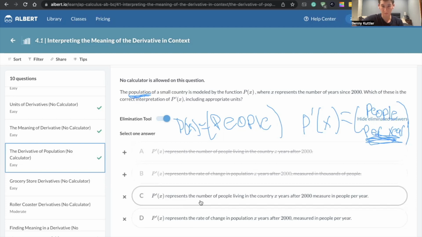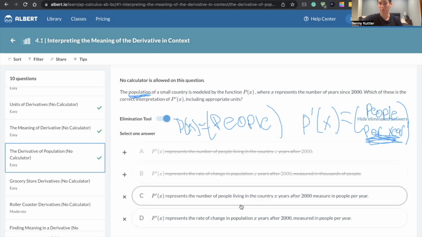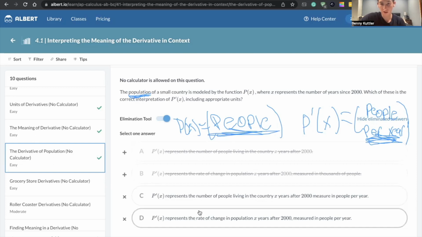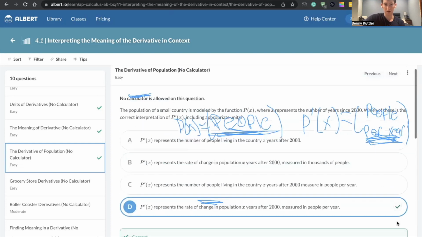So we have that it represents the number of people living in the country, or that it represents the rate of change of the population. The number of people matches up with p of x, not p prime of x. So it looks like D is going to be our answer because it has the rate of change of our population, which is what we're looking for when we're dealing with derivatives. And it's right.